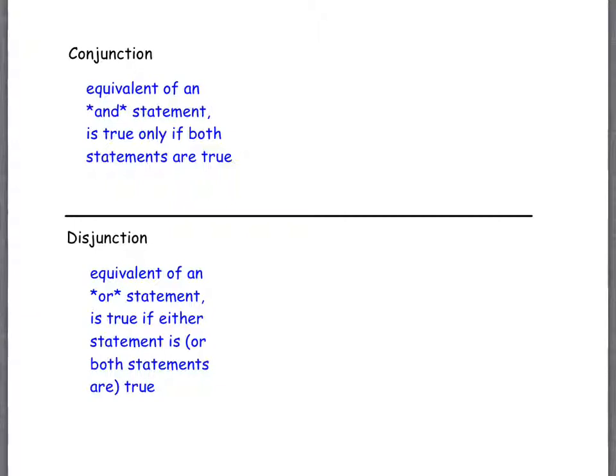Now the symbol for that, if P and Q are those two statements, that is P is the statement I teach math and Q is the statement I'm a mom, then the symbol that we use to show that they are joined by an and is this upside down V. Okay? So this is read P and Q. That's how we think about that.